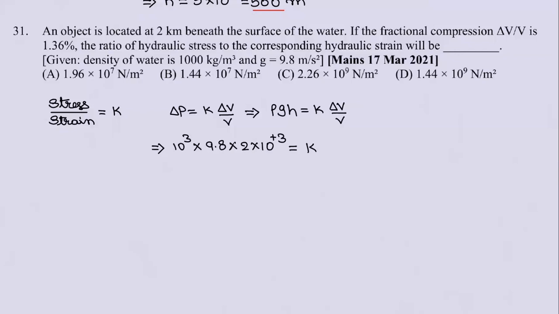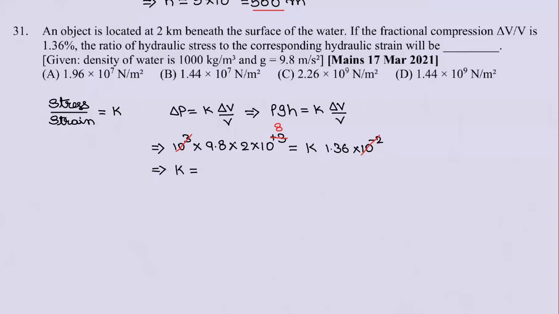That's what we need to find. Delta V by V is 1.36 by 100, 10 power minus 2. So 10 power minus 2 will cancel, and 10 power 8 will come here.